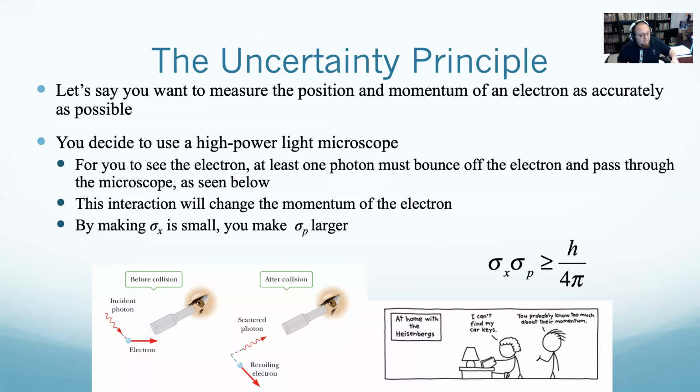The second you hit an electron with light, you've deflected it. And so if you look at an electron and you know where that electron is, you have changed its momentum because of Compton scattering. The process of knowing something's location will change its momentum. If you make sigma x small, sigma p becomes big.